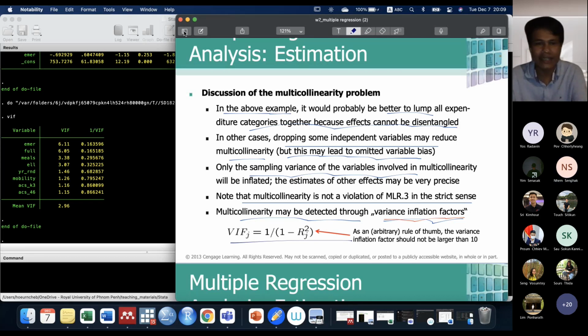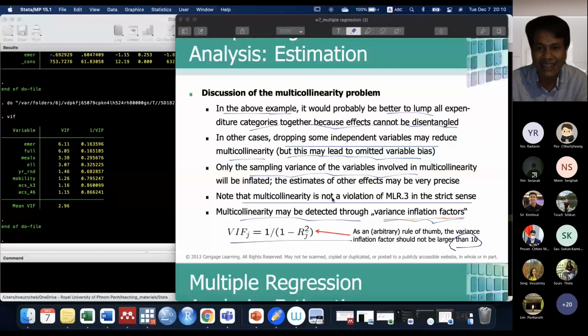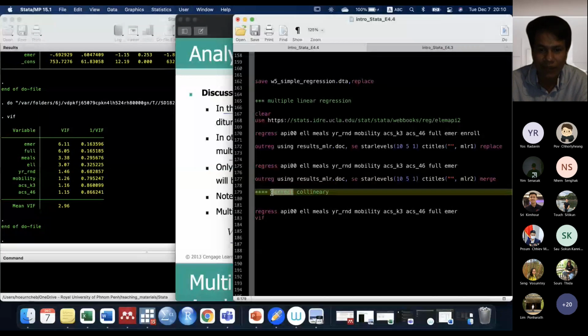All right. Here, to detect collinearity, class, we have to look at the variance inflation factor. If the variance inflation factor is higher than 10 from our lecture note, there is multicollinearity. Sorry, I'm confusing you. What we are discussing now is multicollinearity, not perfect collinearity.